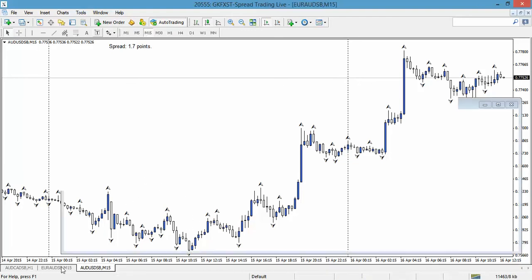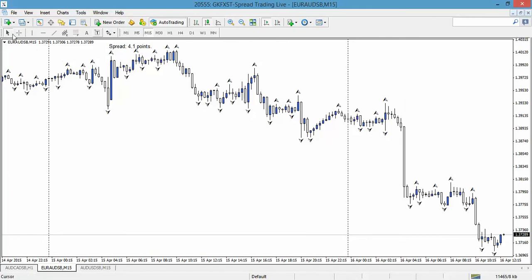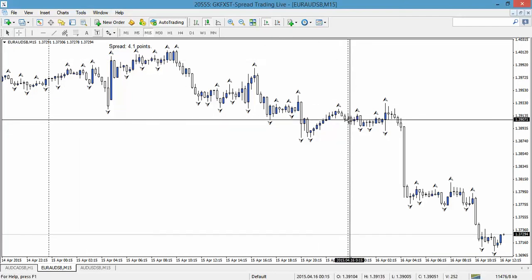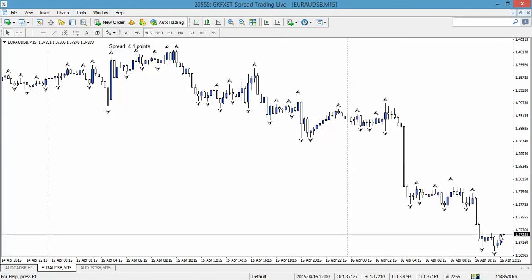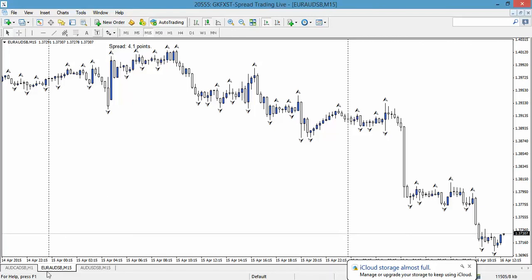So if we have a look at the Euro Aussie chart, remember we were 73 pips away from what the daily open was on the US dollar pair. However, on the Euro Aussie pair, we're 178, so 180 pips away. So the move has been 100 pips greater on this pair purely because fundamentals are there on both sides of the coin.